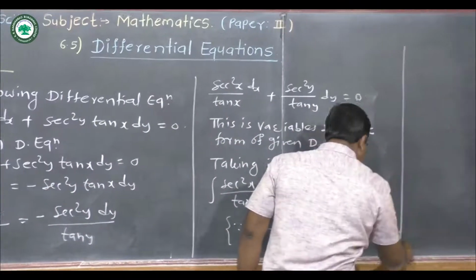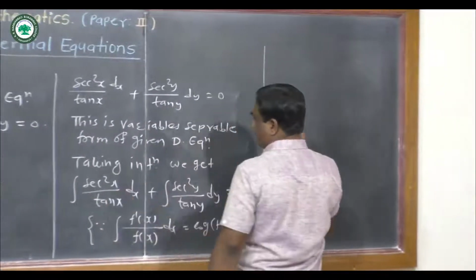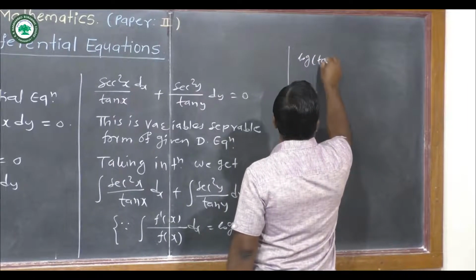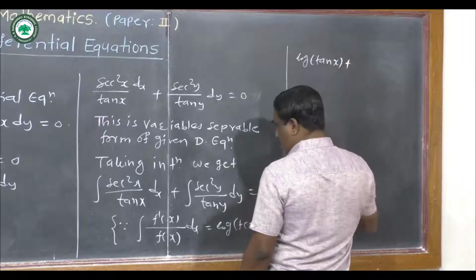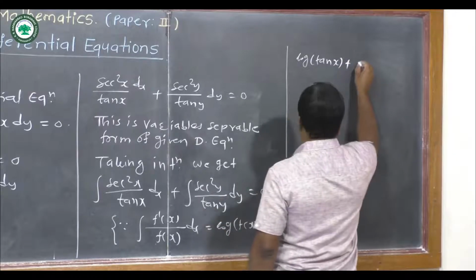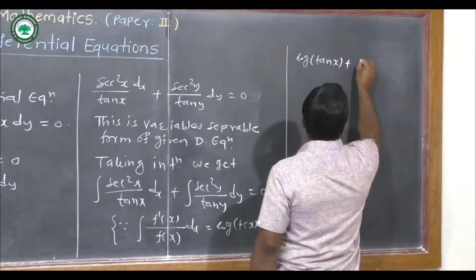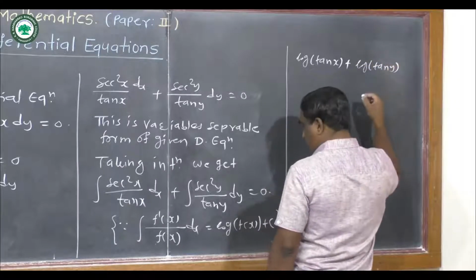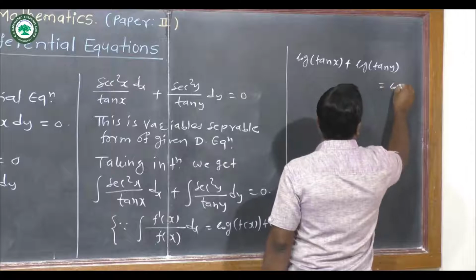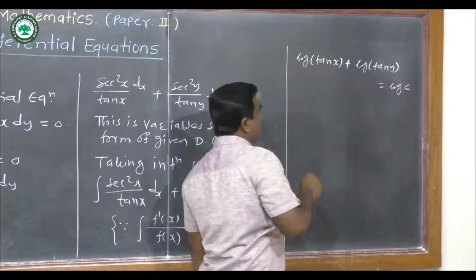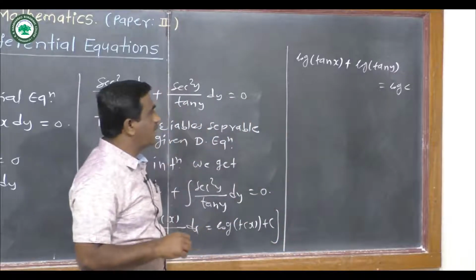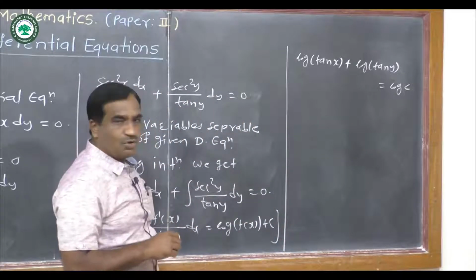Therefore the integration of the first integral gives log of tan x, plus the integral of this gives log of tan y. We can take the constant term as log c, because both terms are in the form of log, therefore we can take the constant of integration as log c.